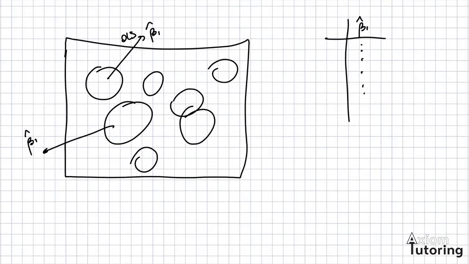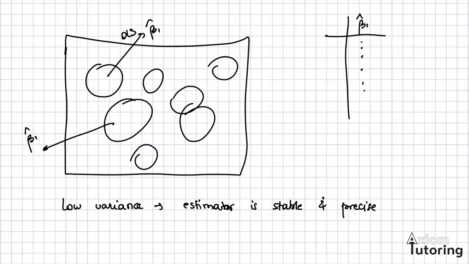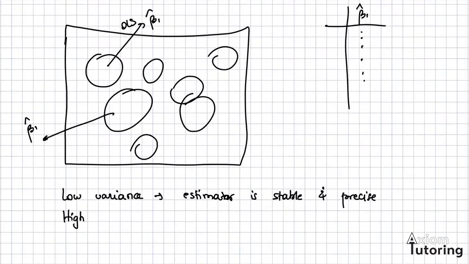The rule of thumb will obviously be that if you have a low variance, that means that your estimator is stable and precise. However, if you have a high variance, it means that your estimator, I'm going to put it into quotation marks here, jumps around.